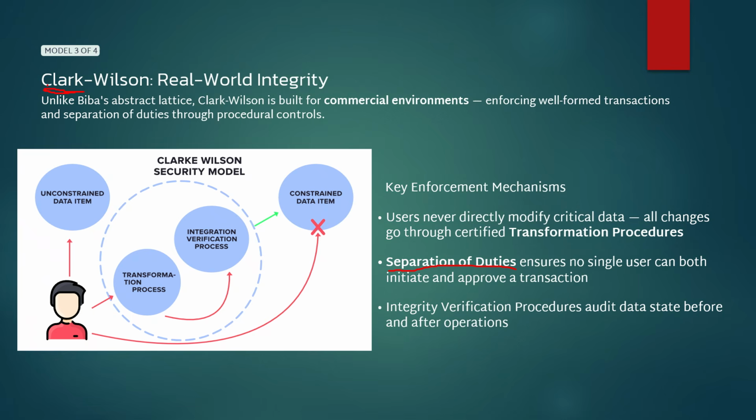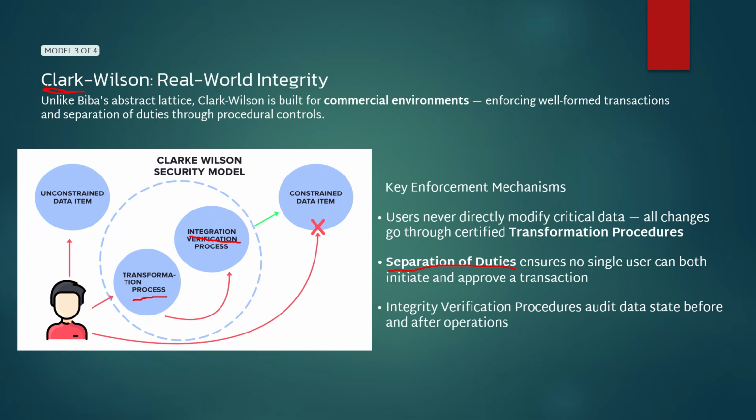What does it mean? Let's say a person wants to write something into a data item, a constrained data item, or some confidential data item. The person cannot directly write it. What he needs to do is follow the process, and that particular process gets verified.